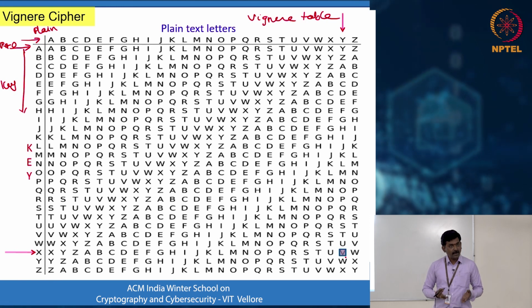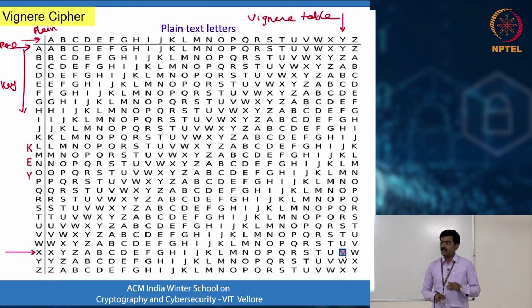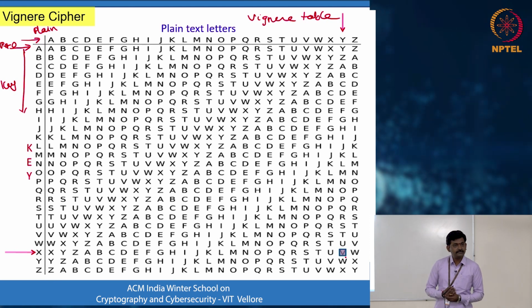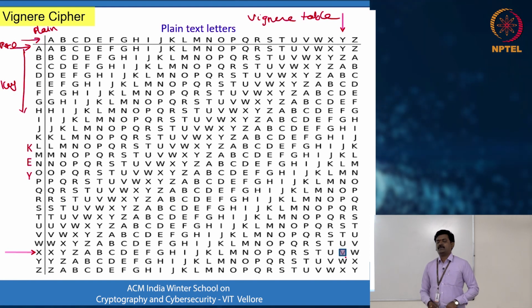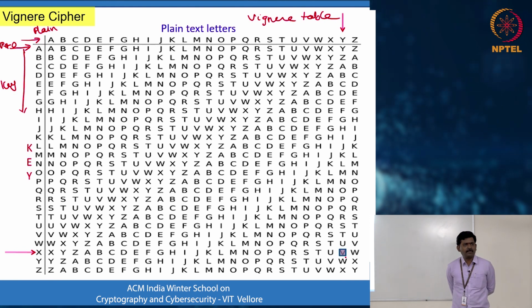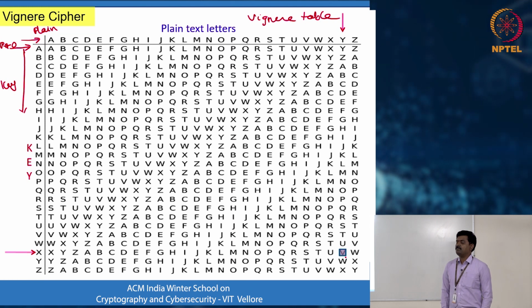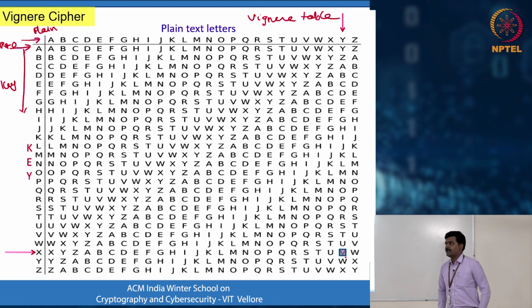So it is polyalphabetic because it is doing multiple monoalphabetic ciphers, number one. Number two, is it stream or block? It is stream.